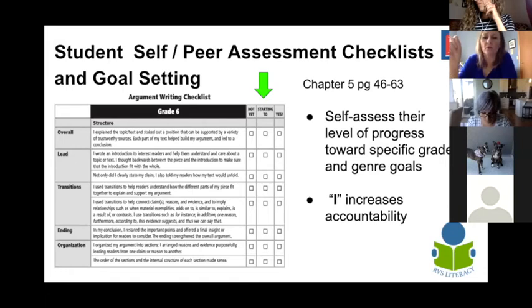What's really interesting is that within our classroom a student might be working on some elements in a grade 6 checklist, but also some elements in a grade 7. And maybe even they have an element in grade 5 that they're looking at. So again, it allows our students to be very differentiated and us to be able to target that instruction appropriately.